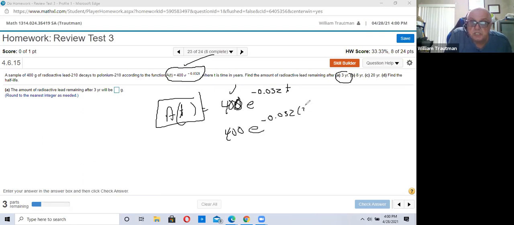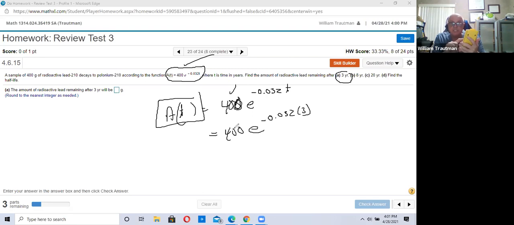So we just put a 3 in there and we put that in our calculator. Do you see? It's all on the right side, there's no x's. e is a number on our calculator, 2.71, it's there. So we put that in our calculator, 400, then I type in the e. Remember the e is right above the natural log on the TI-30XS.